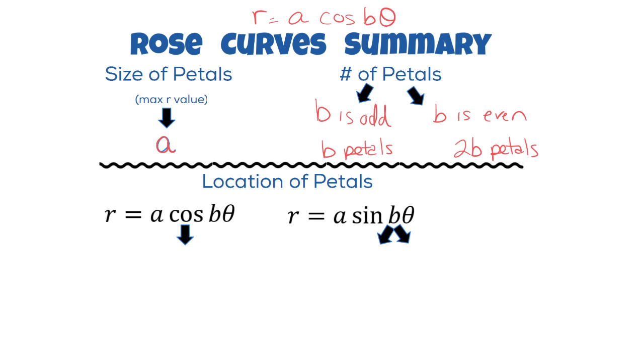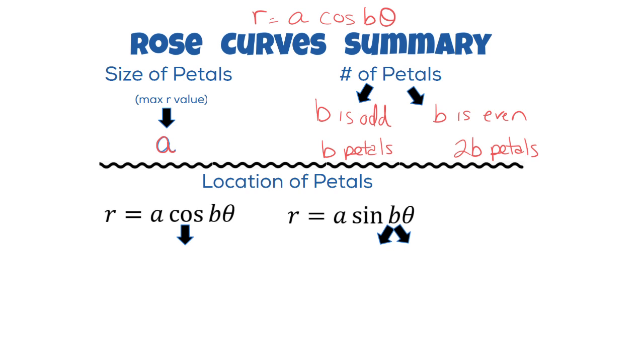So for instance, if this was a 3, like it was on that previous example, we had 3 petals. But if that happened to be a 4, since that would be an even number, you'd have twice that many petals. You'd end up with 8 petals. So there's a big difference. If this is even, you can start getting a lot of petals going on there.